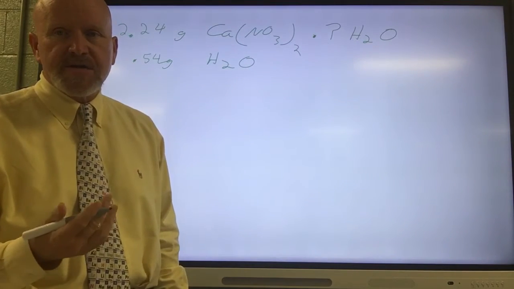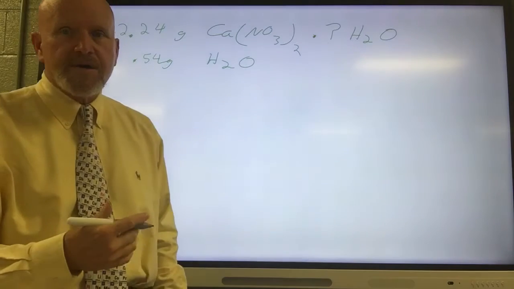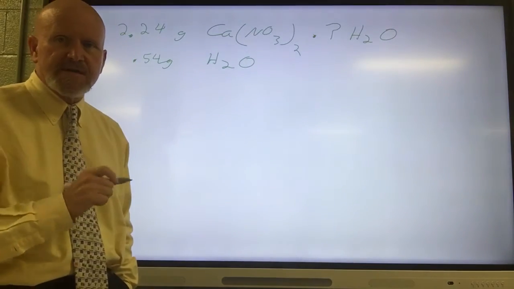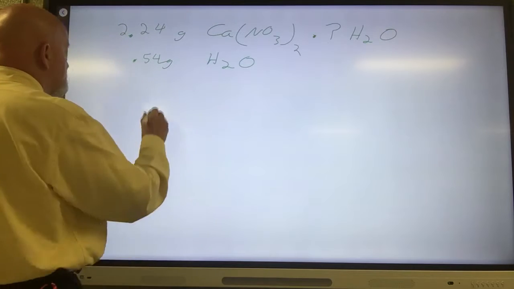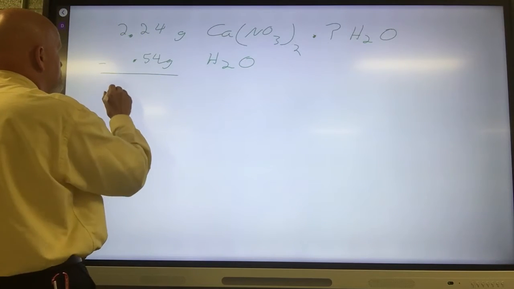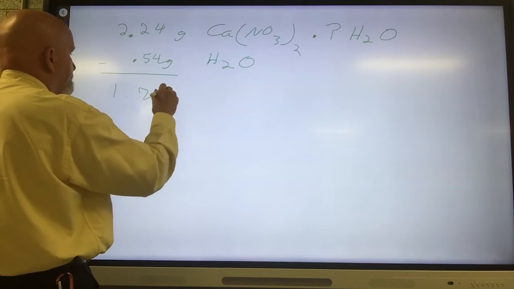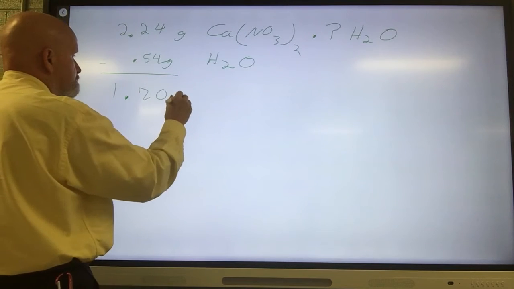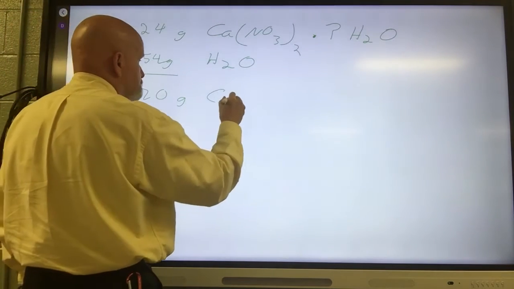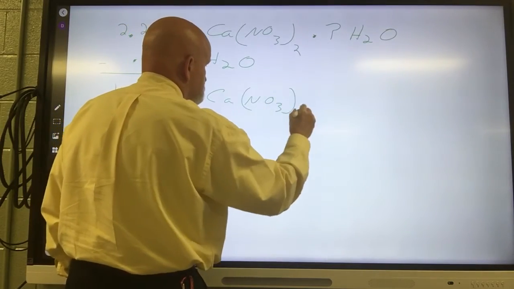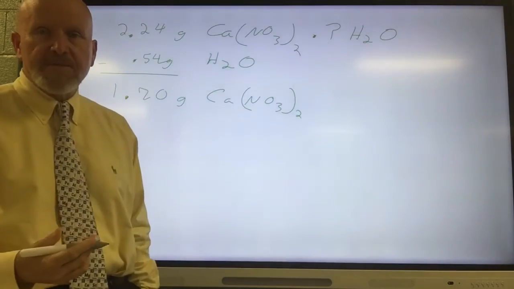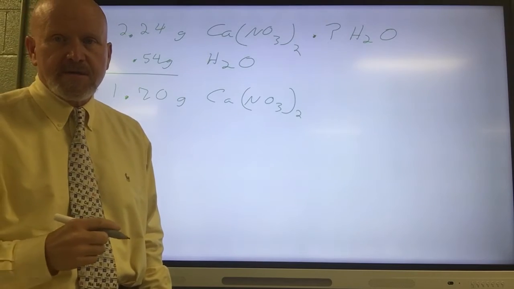Now, how much calcium nitrate do we have with the waters? Well, if I did this right, I should have just calcium nitrate left over, so I just subtract. And that should be how many grams of calcium nitrate there are.